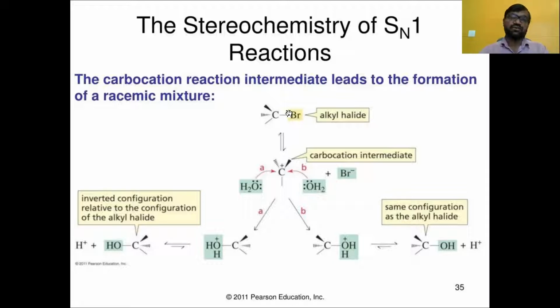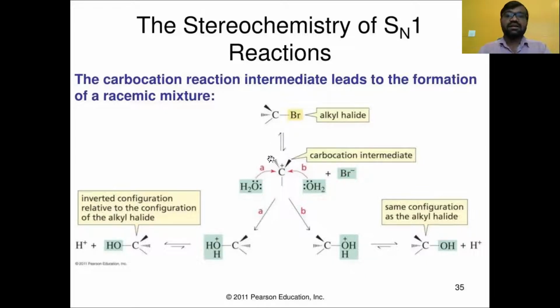So friends, with respect to this, we have to understand the stereochemistry aspects of the substitution nucleophilic unimolecular reaction. So what are these aspects? Let us learn them first of all. Here you can see that after the loss of a leaving group, this will form a carbocation.